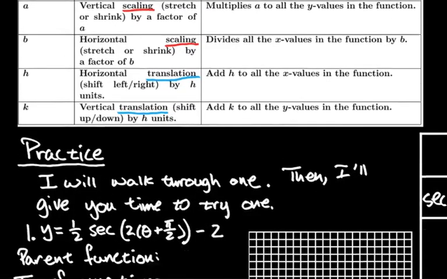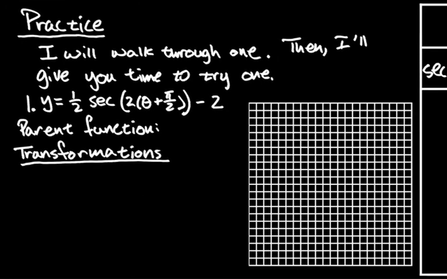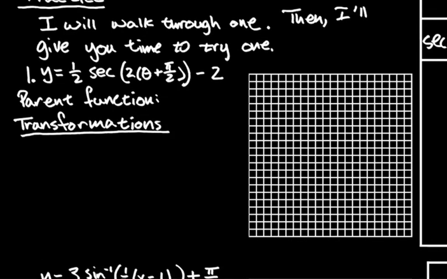Alright, so I'm going to walk through an example here real fast. If you needed to pause that to copy that down, just go back to it later on and pause it. And now we're going to work on these. Alright, so I'll walk through this one and then give you one to do.